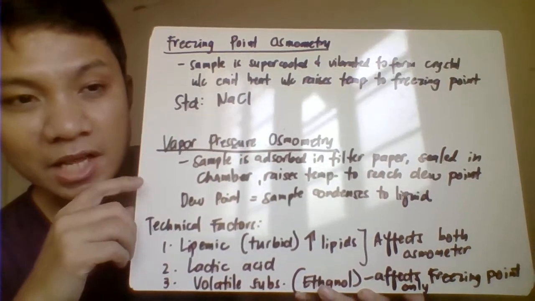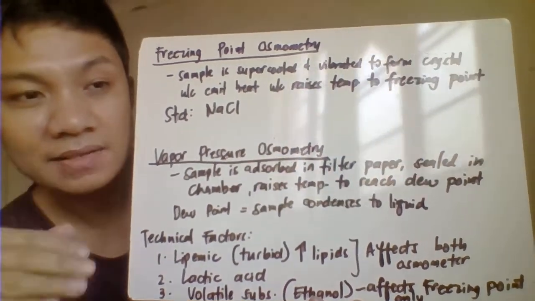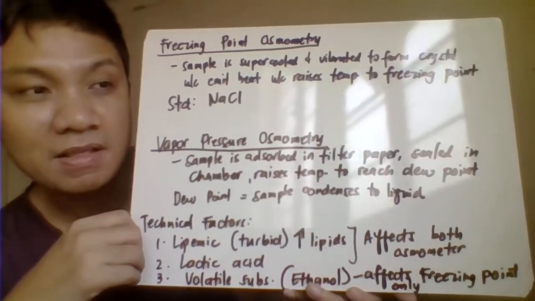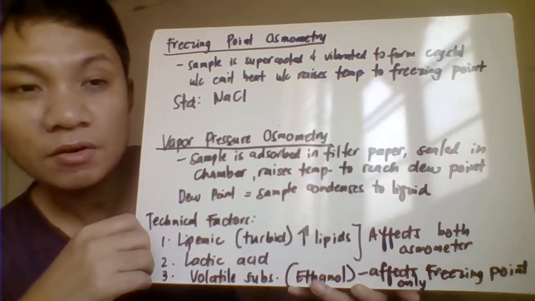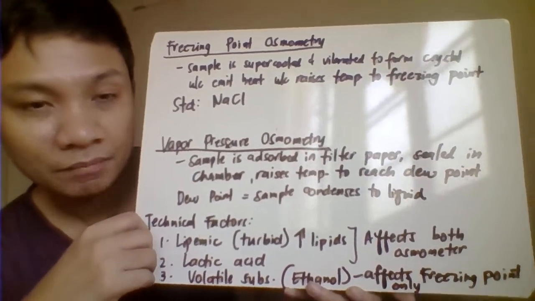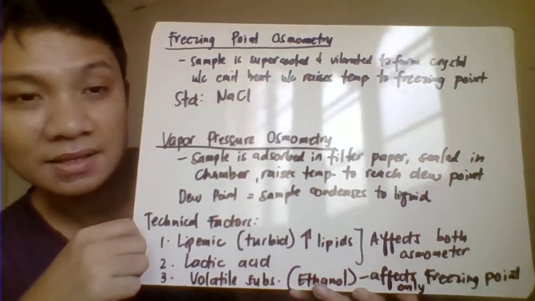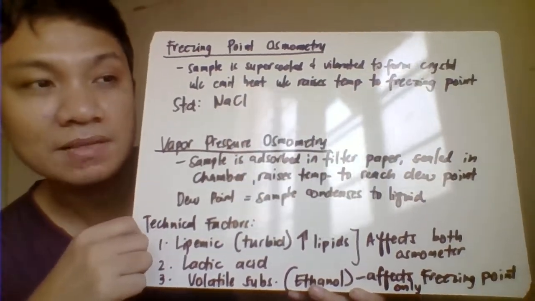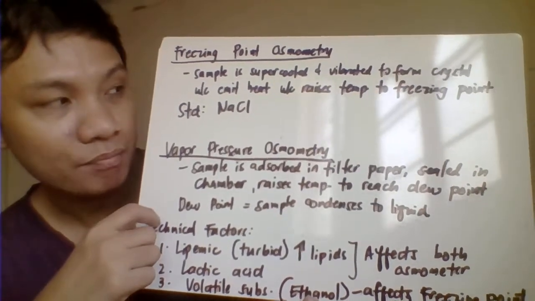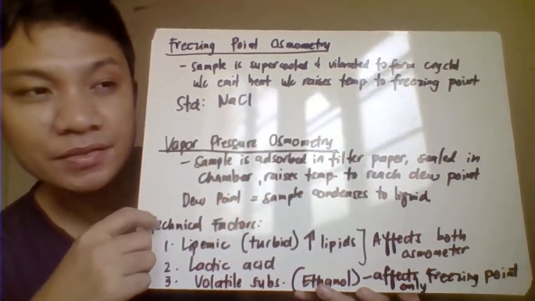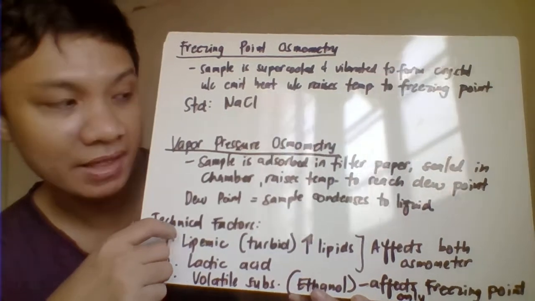So whatever the temperature needed to reach the freezing point, that becomes the freezing point of your sample. So what you're doing here is just to compare your unknown sample with your standard para ma-obtain natin kanyang freezing point. Okay, so usually we are using the sodium chloride as your standard for that.